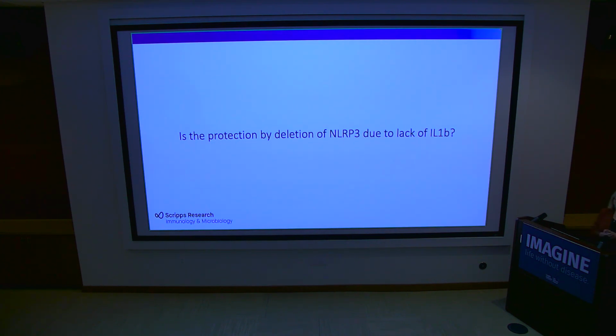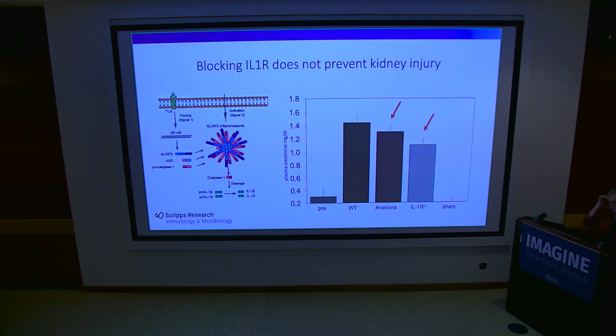So blocking IL-1 beta, that'd be a simple way, because we have antagonists to the IL-1 receptor. And so we did the experiment and asked if treating mice with anakinra or IL-1 receptor knockout mice could protect the mice from injury. And in fact, the answer was no, cannot. So this is an effect that's independent of the inflammasome and is dependent on NLRP3.